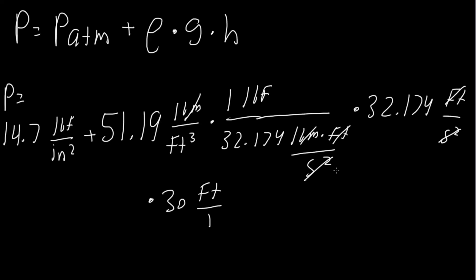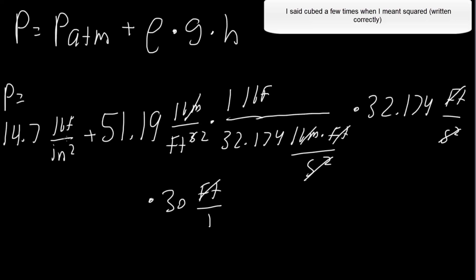So this cancels, and now we have feet cubed in the denominator and feet in the numerator. So essentially this becomes a 2. So we have inches cubed here, and here we have feet cubed. So we have one more step.